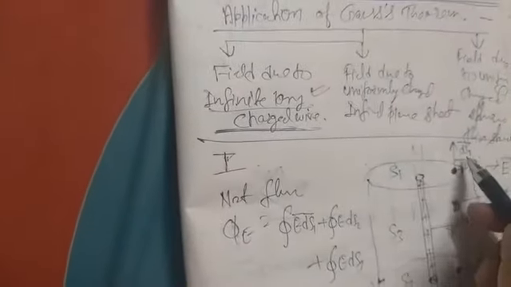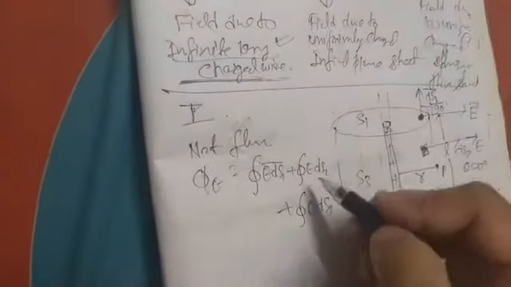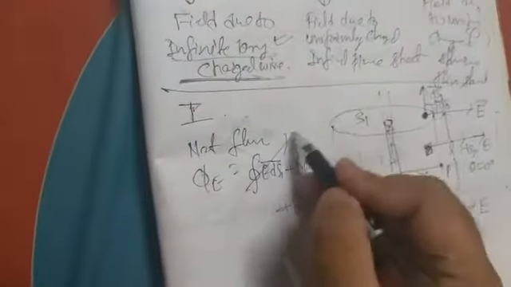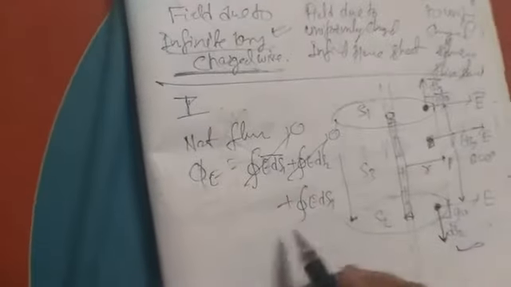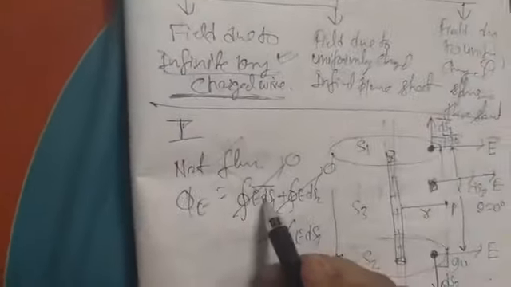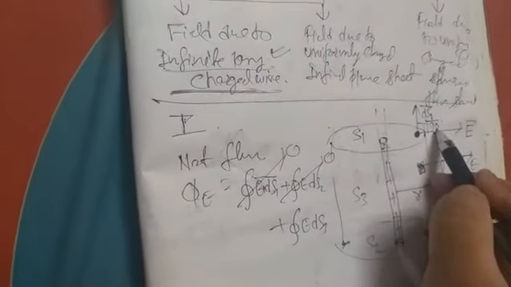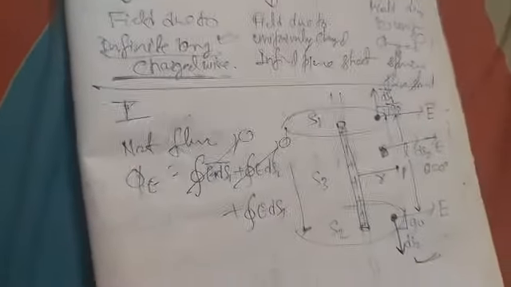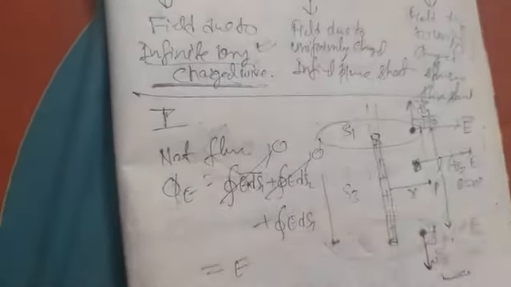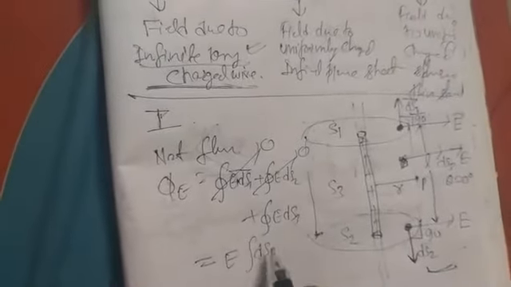Due to dS1 and dS2, it becomes 0. Why 0? Because after taking this dot product, it becomes cos 90, which is 0. So E is constant, so dS3.